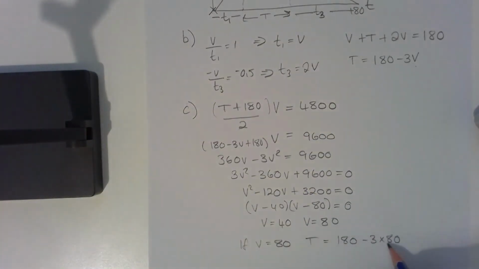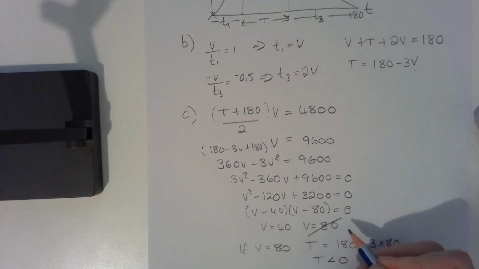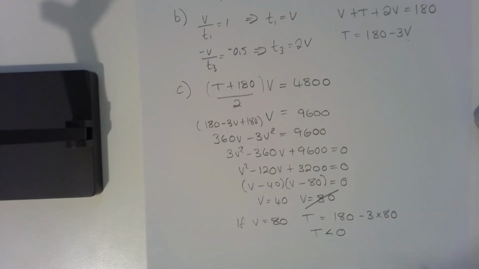So 180 minus 240 is negative, so t is less than 0. You can't have the time here being less than 0. So we have to discard the 80 and give a reason.